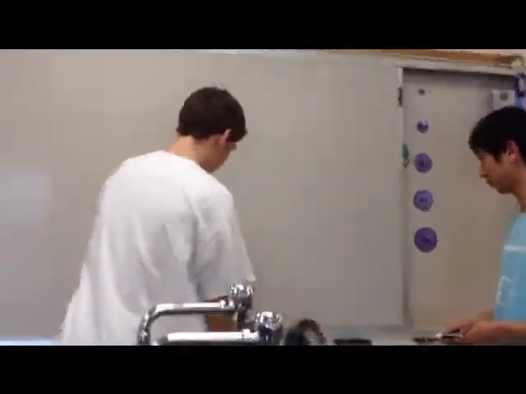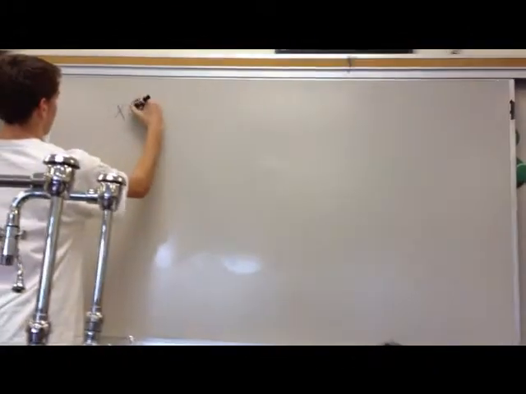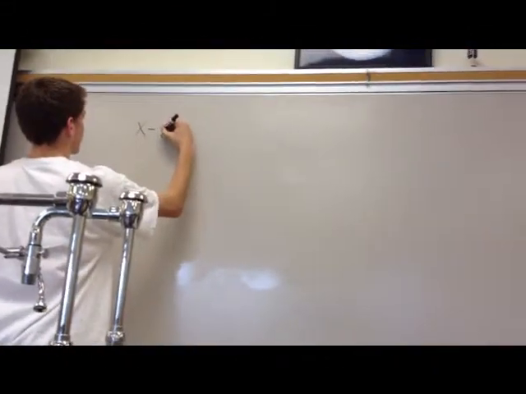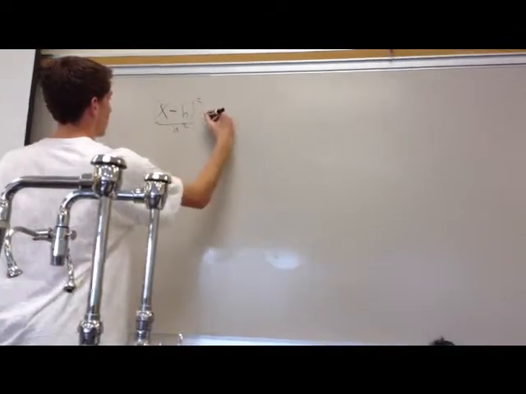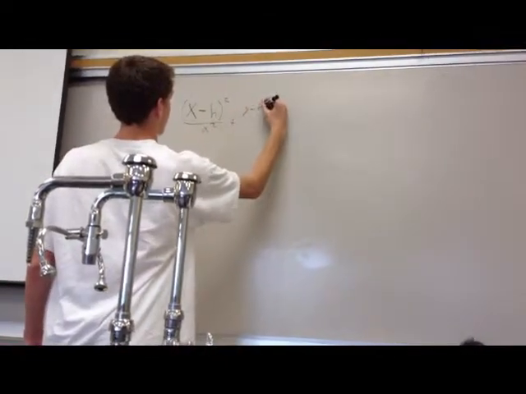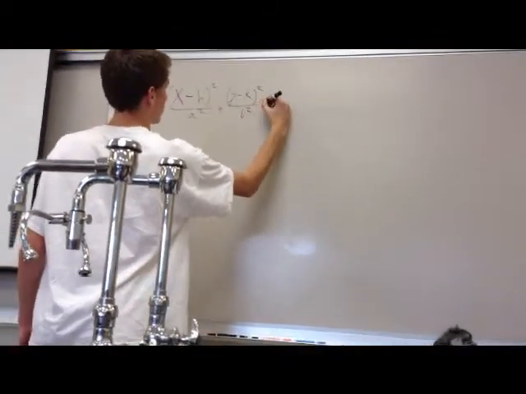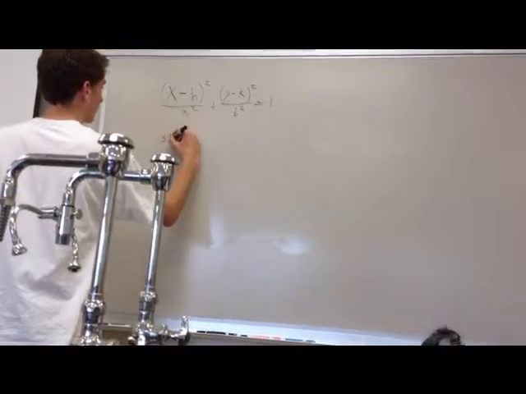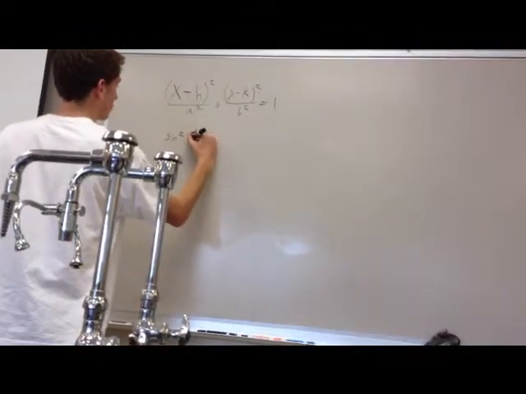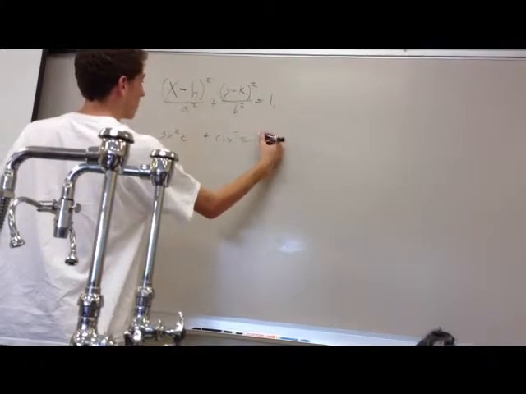Alright. And now for an ellipse that is written rectangularly as x minus h squared over a squared plus y minus k squared over b squared equals 1. You use the trig equation sine squared of t plus cosine squared of t equals 1.